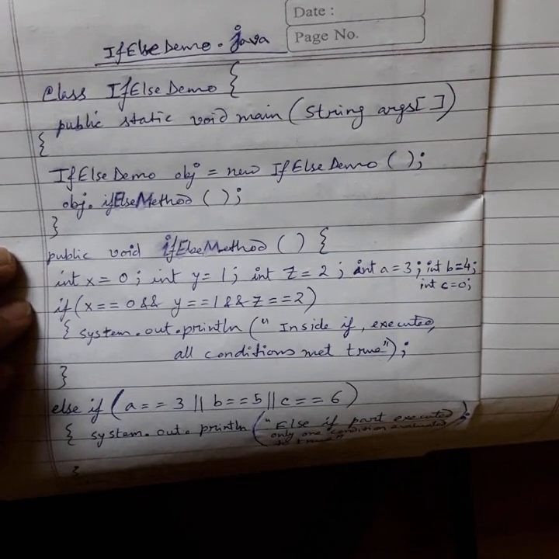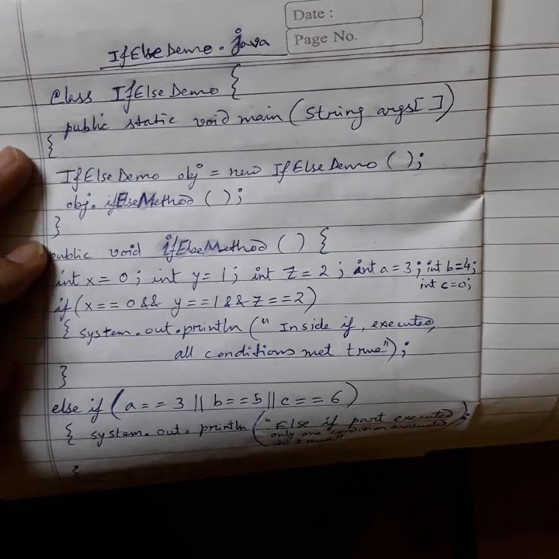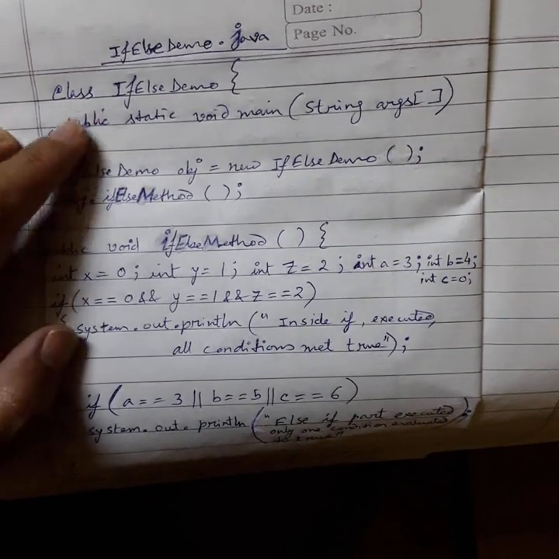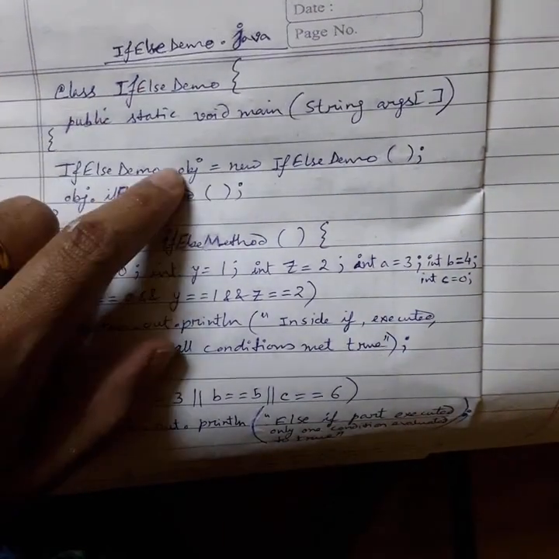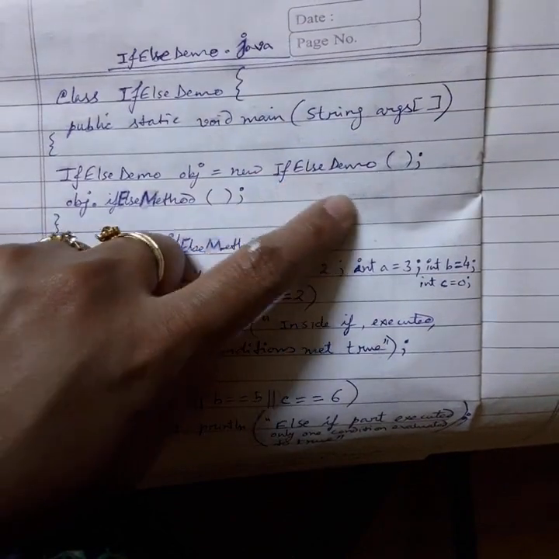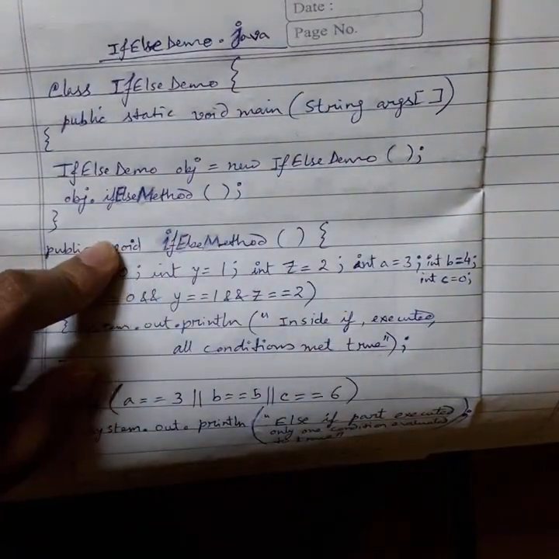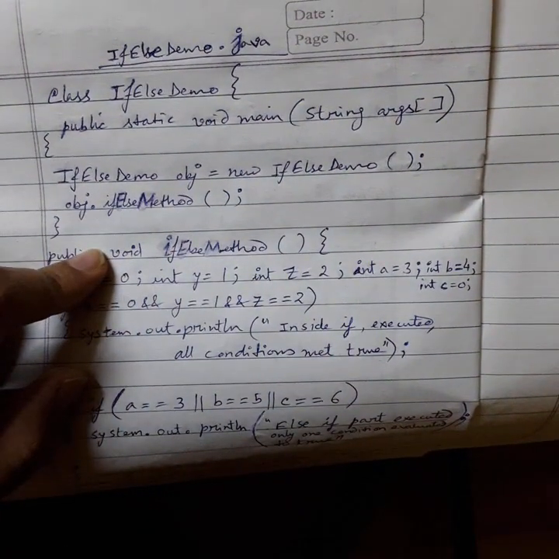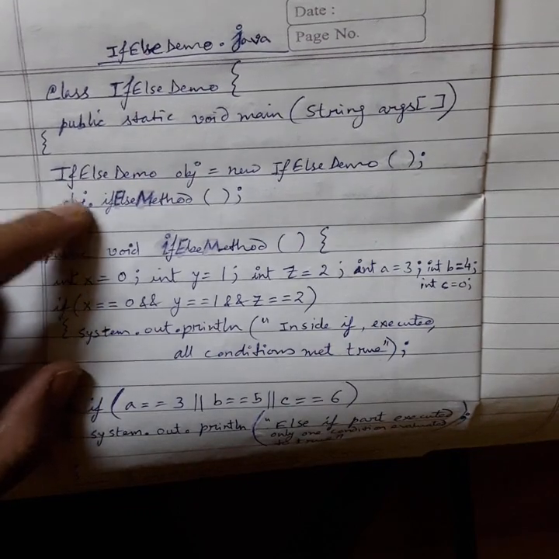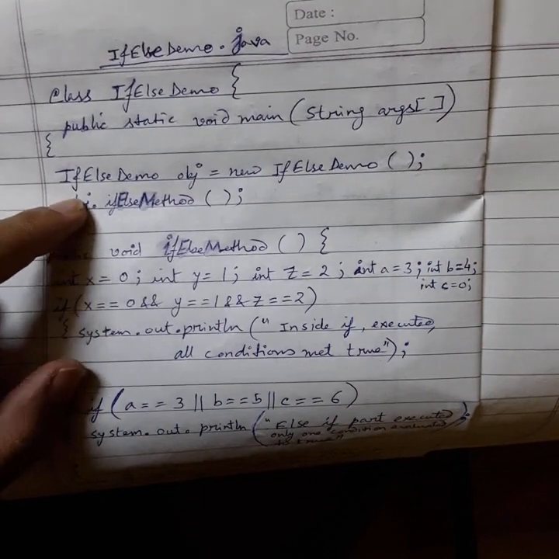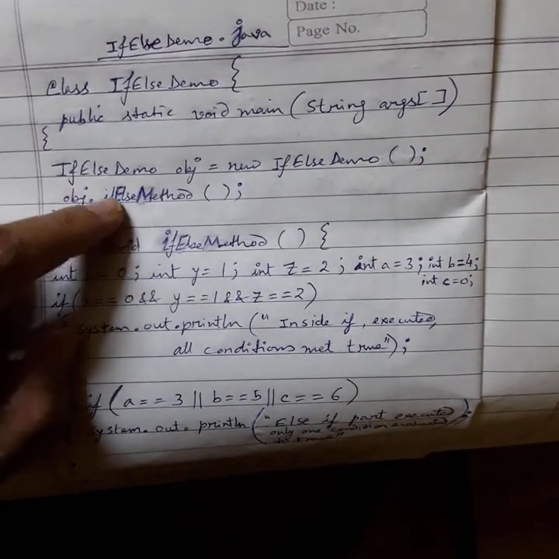So inside the main method I create an object of this class, IfElseDemo obj equal to new IfElseDemo. Now I call this class's method with this instance, obj.ifElseMethod.